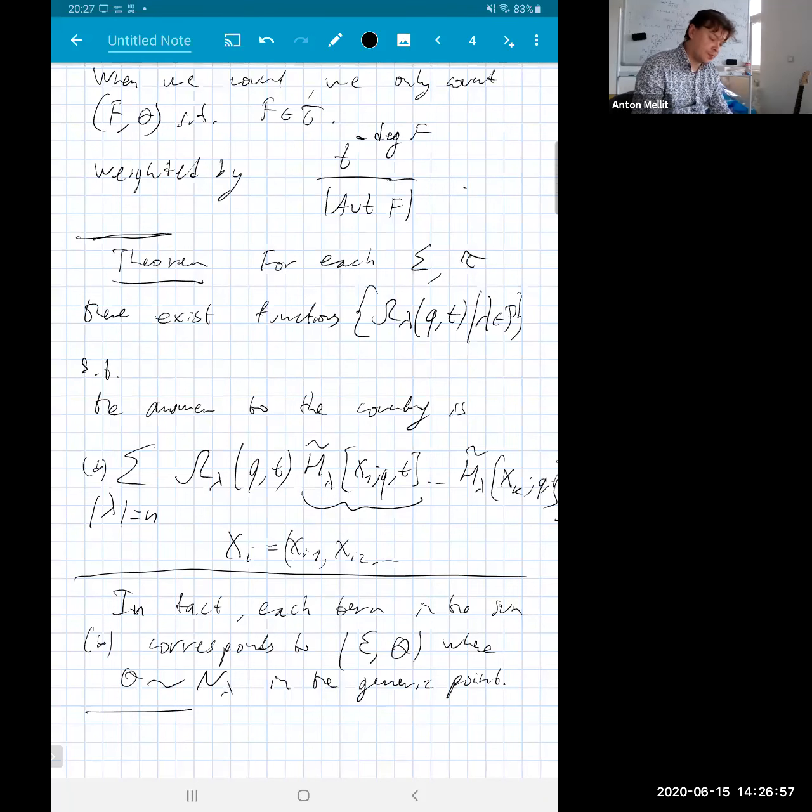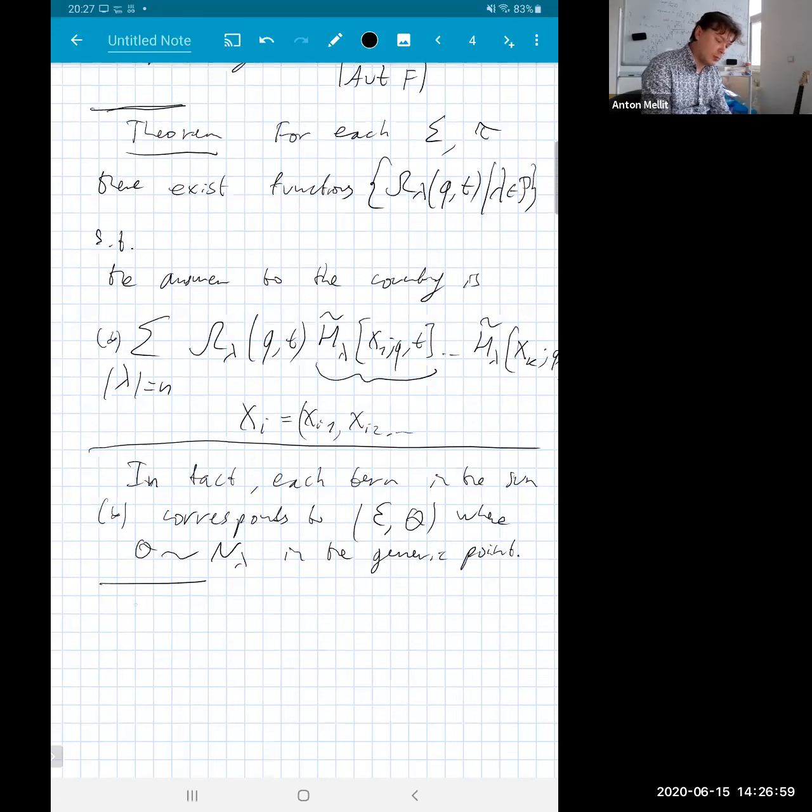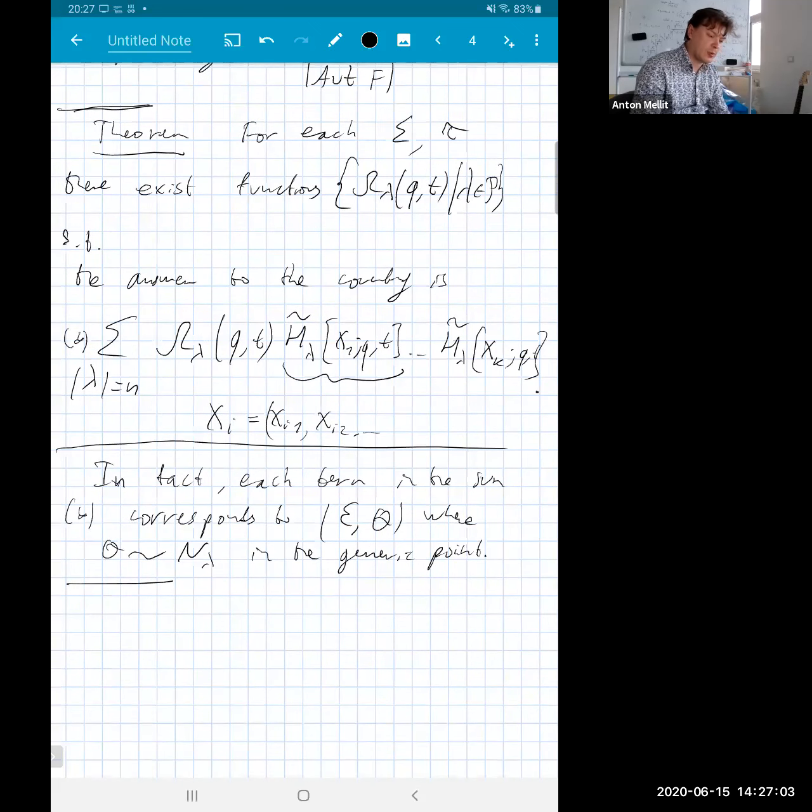The idea of the proof is that E and theta are in tau if and only if the kernel of theta is in tau.